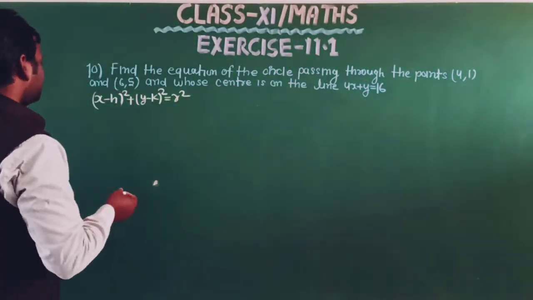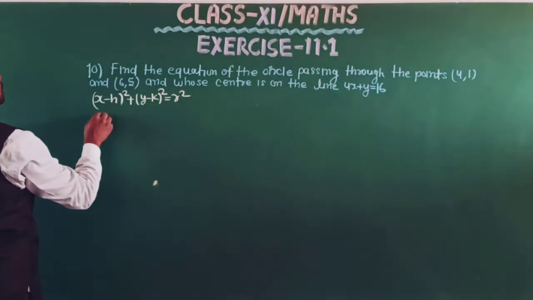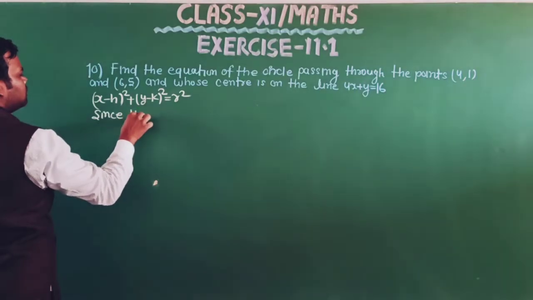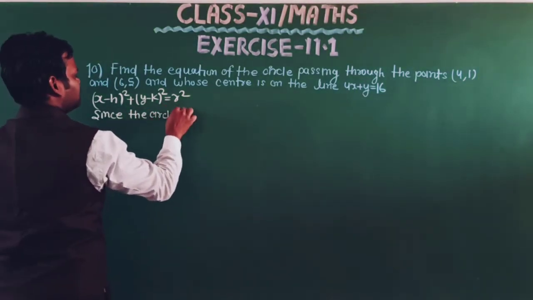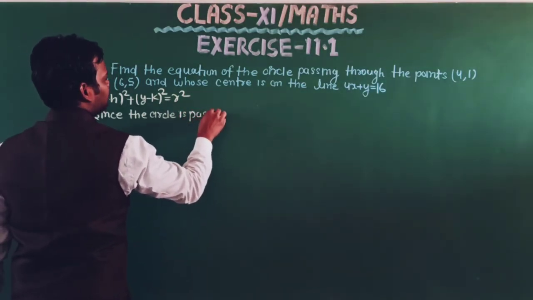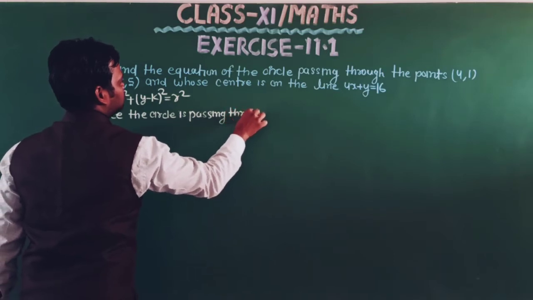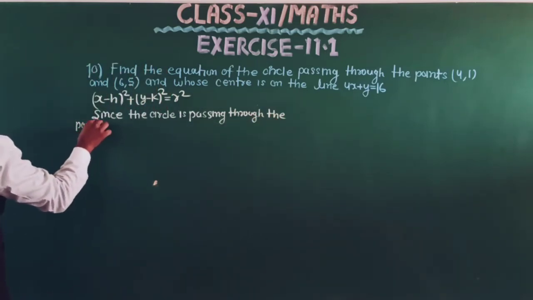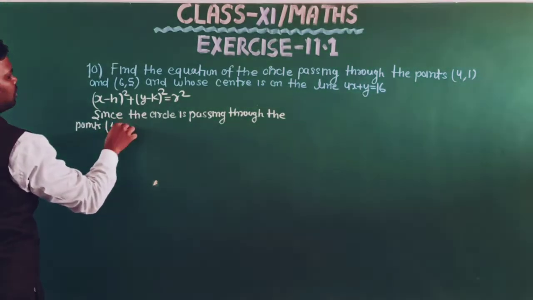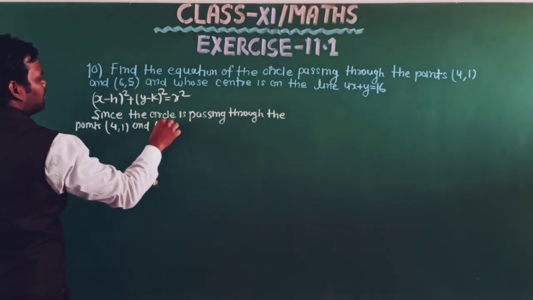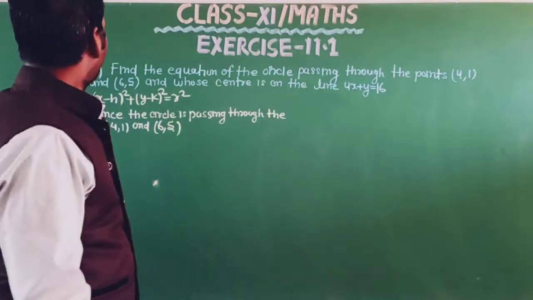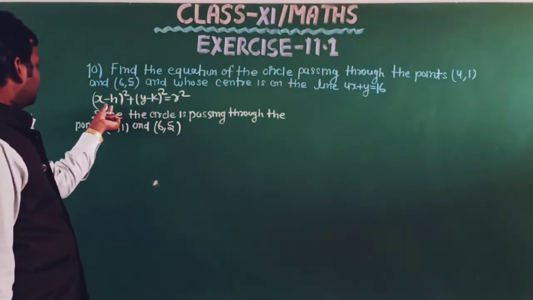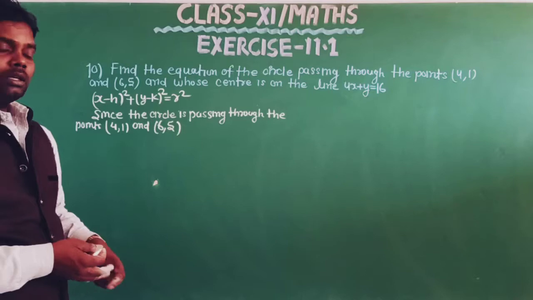Since the circle is passing through the points (4, 1) and (6, 5), they have to satisfy the equation of the circle.